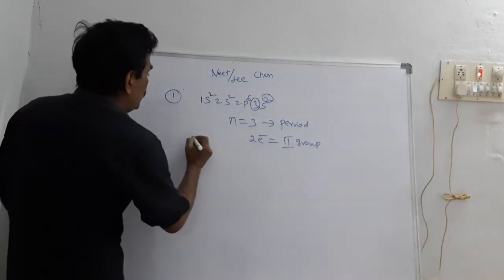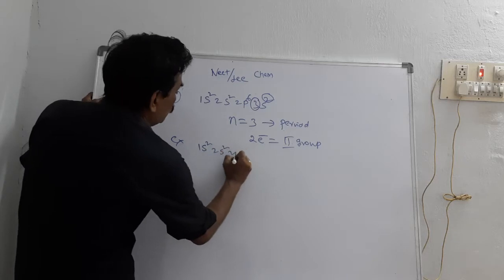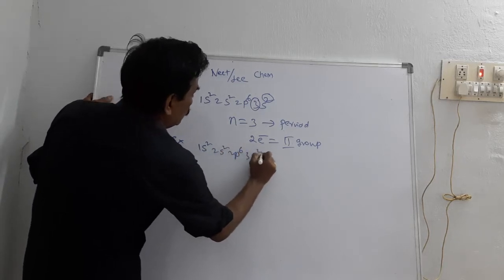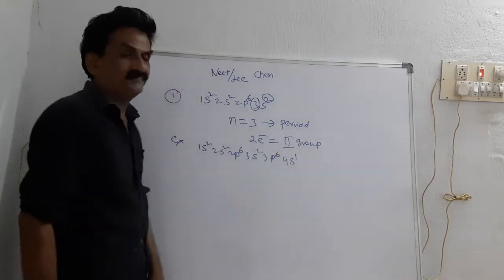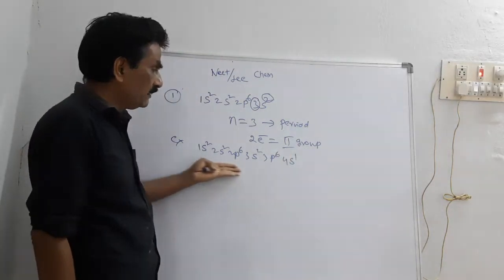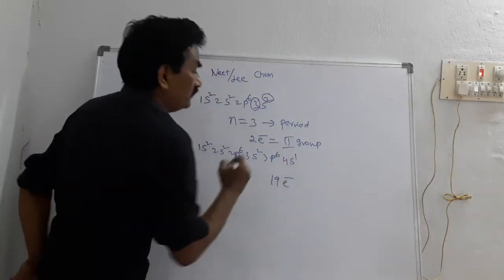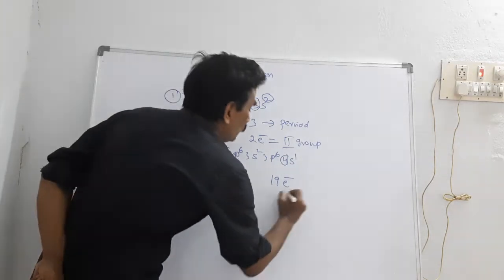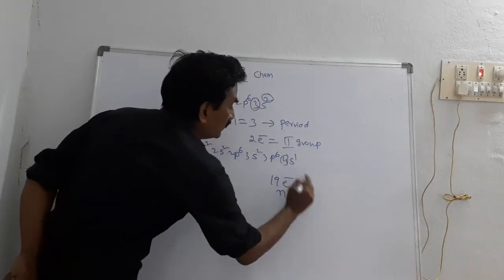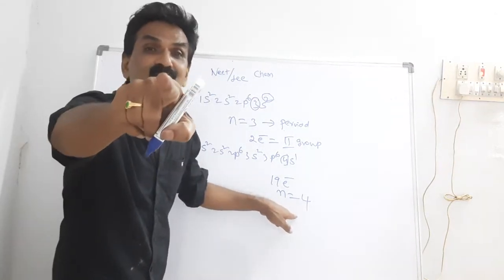Another example: 1s2, 2s2, 2p6, 3s2, 3p6, 4s1. This is nothing but 19 electrons. Maximum n is equal to 4, the maximum principal quantum number, so no doubt this belongs to the fourth period.